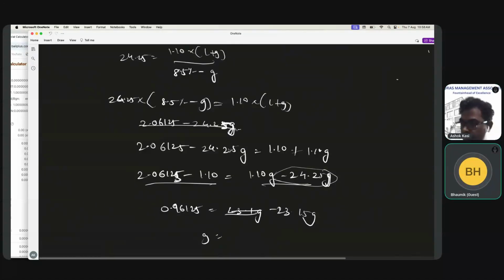Yeah. So 2.06125 is okay. Minus 24.25 G, then plus 1.1 equals 1.1 plus 1.10 G. So this is okay. 2.06125 minus 1.10 is equal to 1.10 G minus 24.